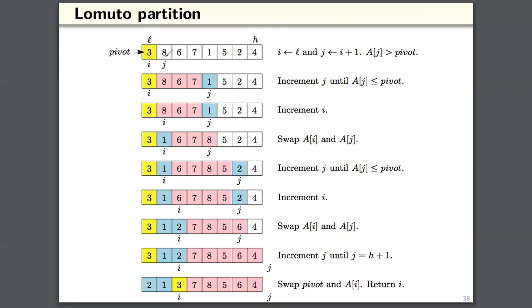When A of j is greater than pivot, keep incrementing j. So 8 is greater than 3, increment j. Now j goes to this. 6 is greater than 3, increment j. 7 is greater than 3, increment j. 1 is less than 3, so stop here.